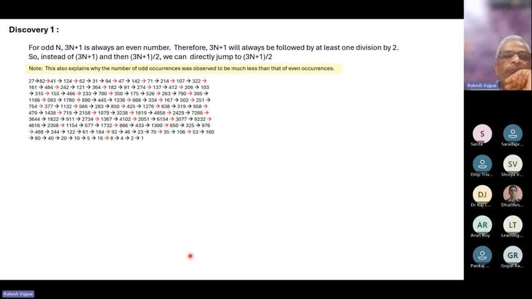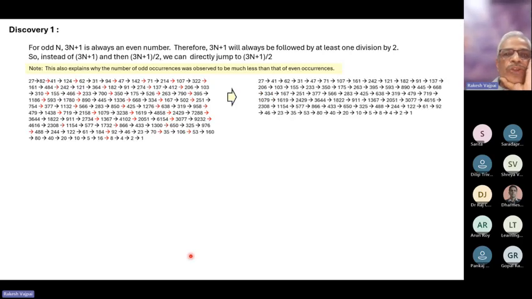And also the very first reaction which I had mentioned, where I was still counting the occurrences, and I was wondering why the odd occurrences are much lesser compared to the even occurrences. That answer comes in here the moment I realize that your 3n plus 1 and n by 2 have to go together and it has to become 3n plus 1 by 2. So the first thing that happens is it reduces the number of steps, obviously, because we have combined a few steps.